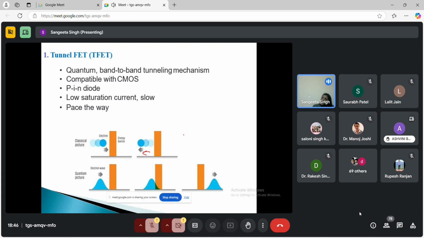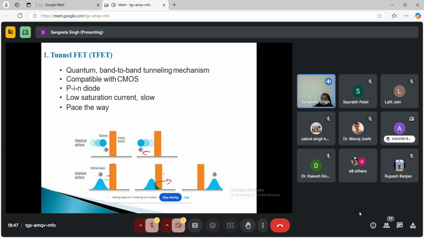No, electron is your subatomic particle, and for electron, your classical physics doesn't work, your quantum physics works, and quantum physics says that my electron shows a dual behavior. Sometimes it behaves as a particle and another time it behaves as a wave. And when my electron is behaving as a wave, and if it is incident on a potential barrier, although this wave is having lower energy than this potential barrier, some part of this wave will be transmitted across the potential barrier and some part will be reflected back.